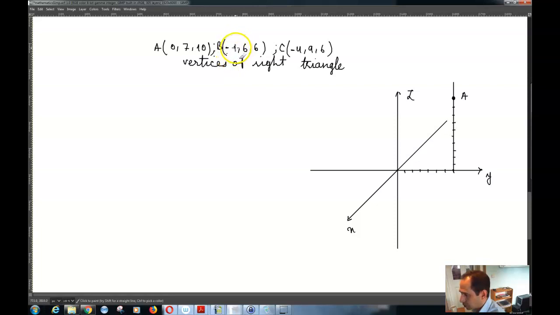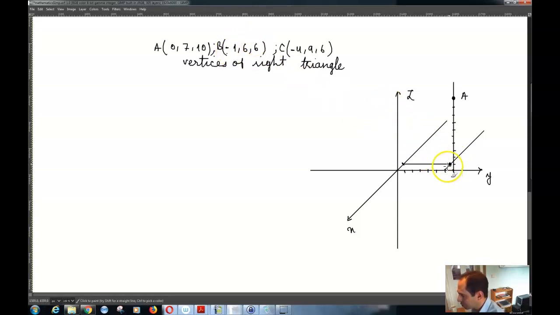Now I have another point over here, which is -1, 6, and +6. So -1 over here, draw a line over here, 1, 2, 3, 4, 5, 6, and some line like this, and then this point is basically -1, 6.